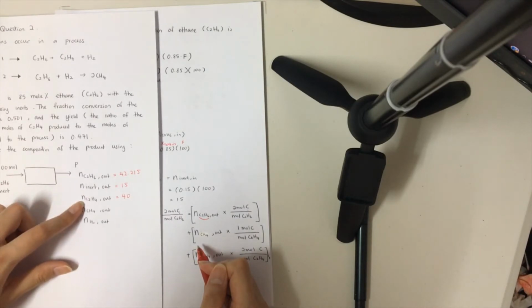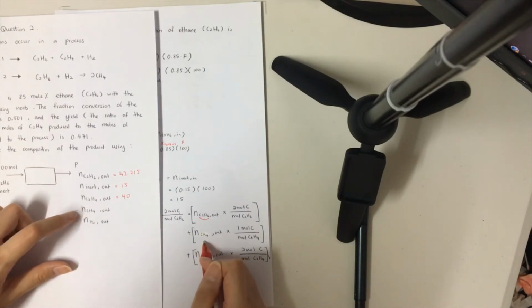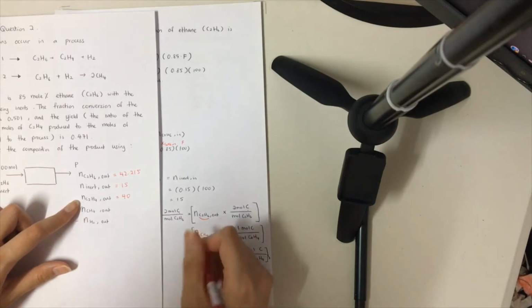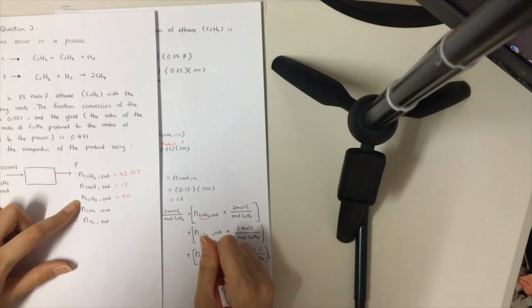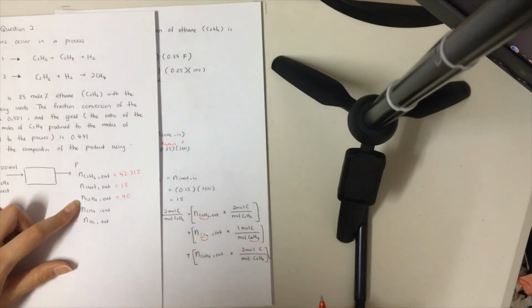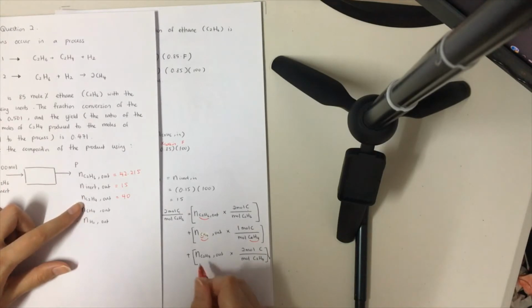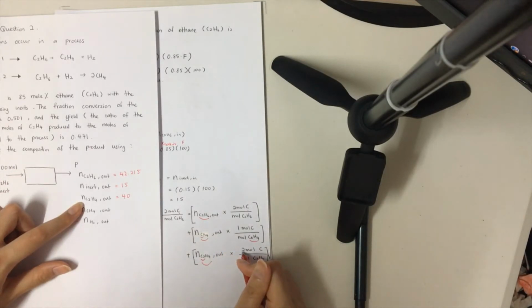The next one is CH4, and we also have C2H4. For CH4, you only have 1 mole of C per mole of CH4, plus C2H4, where you have 2 moles of C per mole of C2H4.